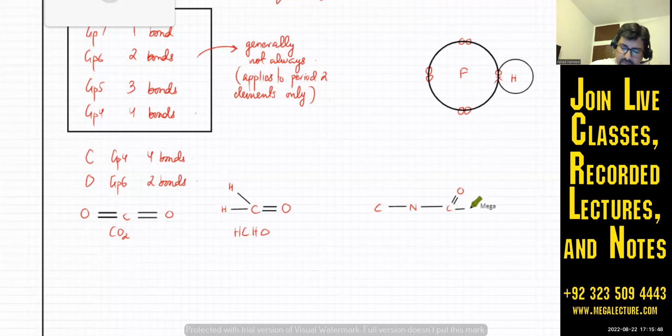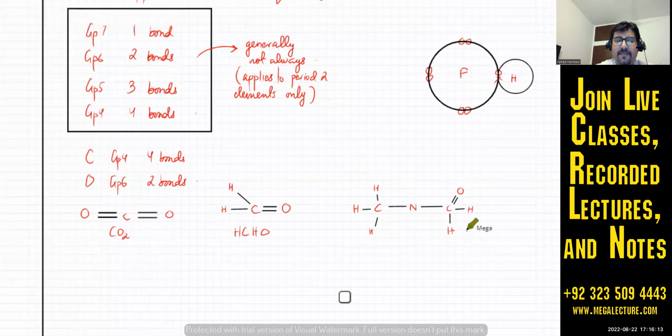And there's an H. Plus this one over here is making 3 bonds with H, and there's another bond with H. Anyways, can you spot the mistake that I've done? Remember, N is in group 5, carbon is in group 4. So what's wrong with this molecule, the one that I've drawn over here?